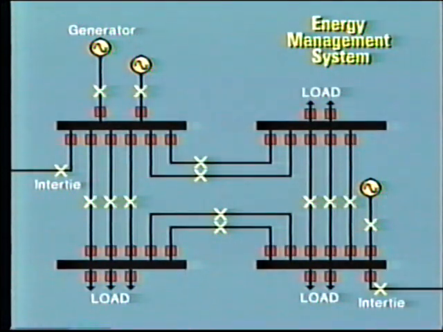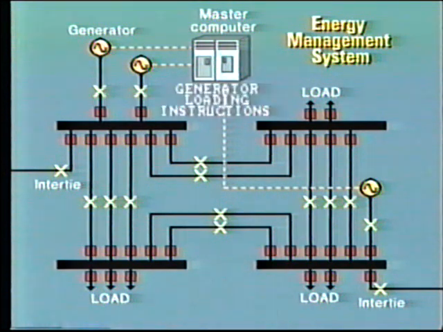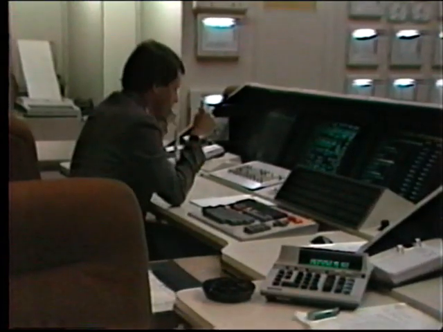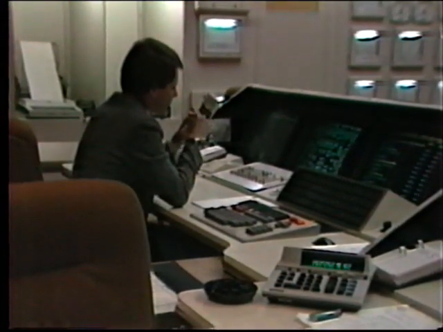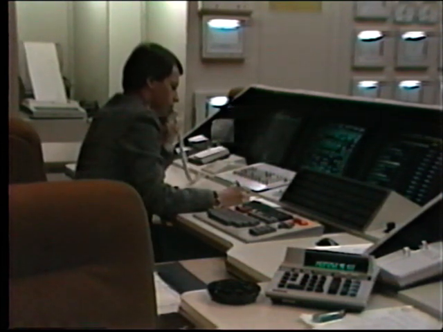Based on programmed economic dispatch data, the master computer will assist the dispatcher in determining where to generate active and reactive power. In some cases, it will issue appropriate commands directly through the Automatic Generation Control, AGC, to the generating stations. It will also continuously update the loading schedule and assist the dispatcher in arranging unit commitment.